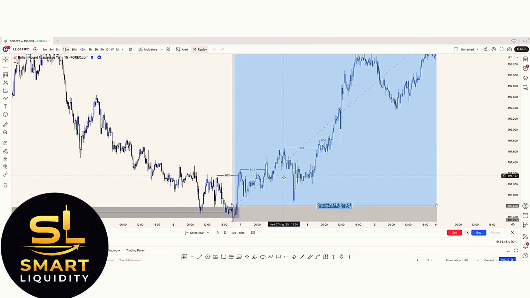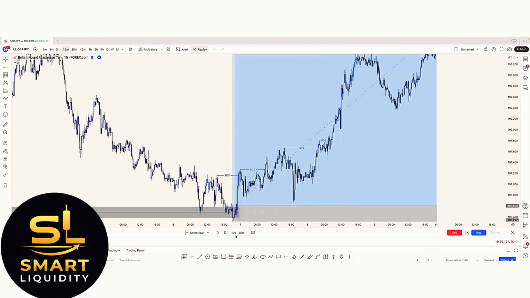I've not added any other position because I was waiting for price to give me new structure. So from this particular structure, this point, this was where more positions were added. So you can see price giving us that record structure. I waited for it to tap in.